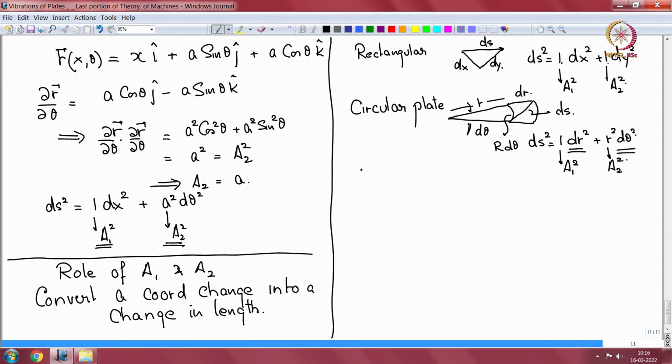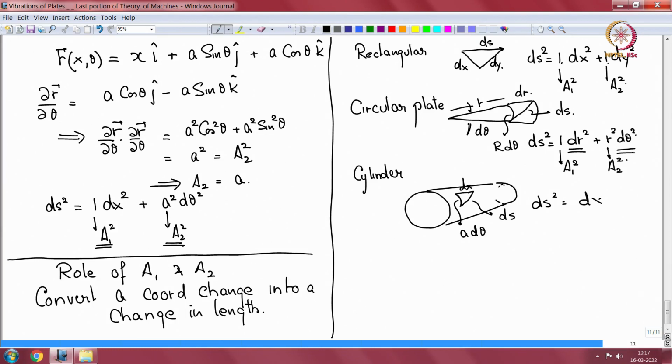Okay, similarly the cylinder. If I take a cylinder, and then we have a differential element this way, differential length that way, and this is my ds, then ds square is equal to this length, which is a d theta, and it is dx, so it is dx square plus a square d theta square.